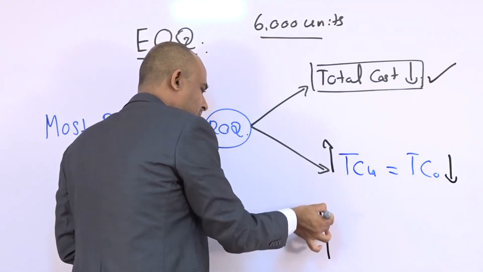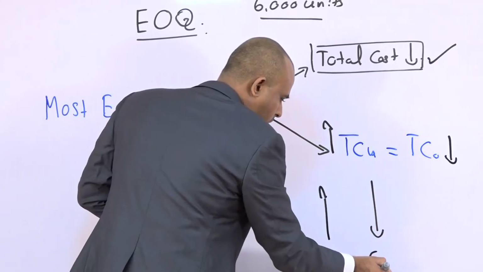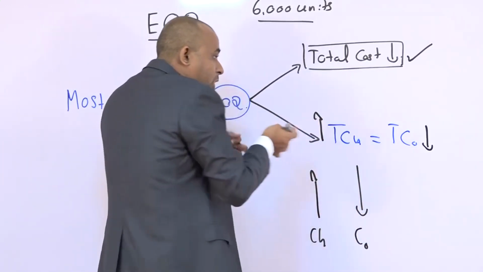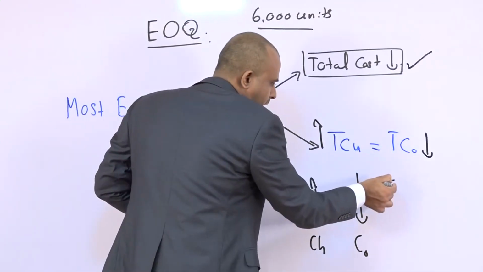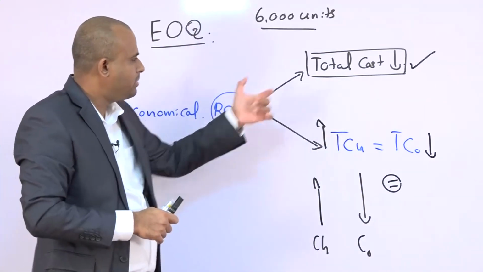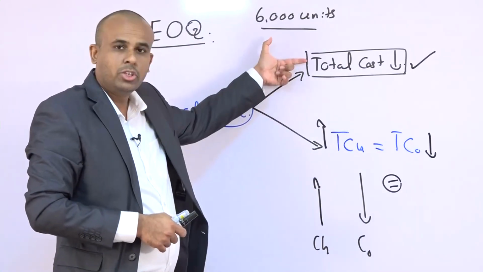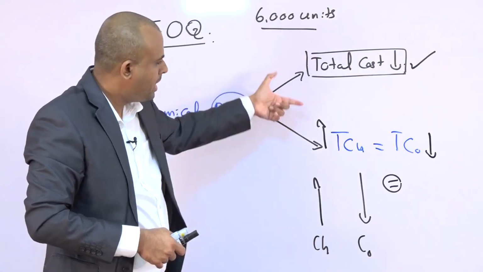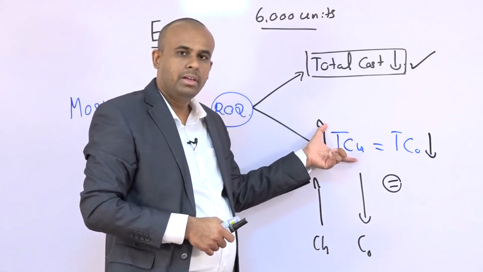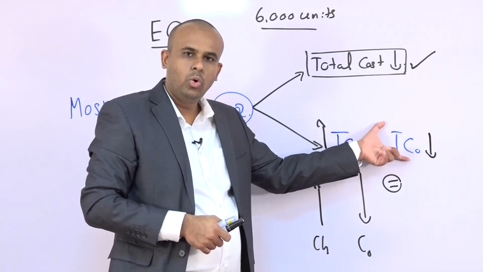So at the economic order quantity, these two will be equal to each other. What are the two main characteristics of the economic order quantity? One is your total inventory cost will be minimum, and the other is that total holding cost of inventory is equal to the total ordering cost.